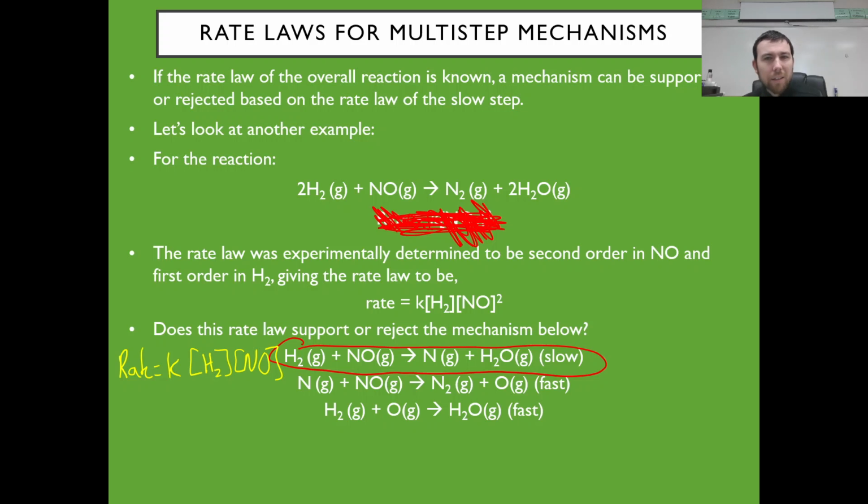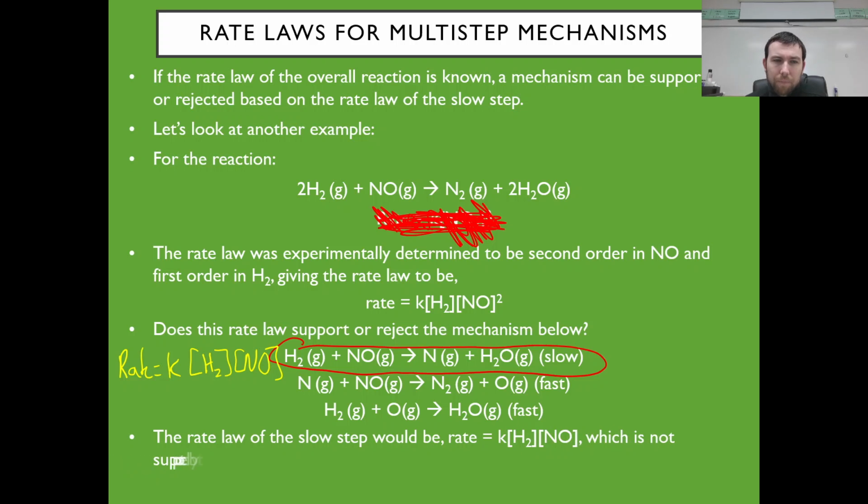That's not the same thing as the experimental rate law that we were provided with. Because this rate law doesn't match up with the experimentally determined rate law, we would say this particular mechanism does not support the rate law, so we would reject it.